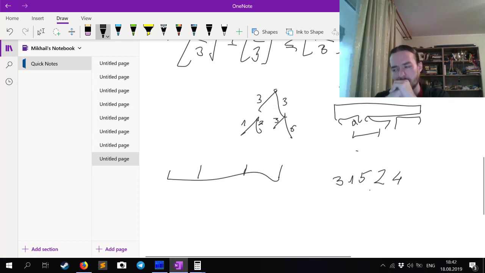No subsegment is possible. Yes, okay. If we have 2 elements, yes, we assume that it's not going to be adjacent to anything.